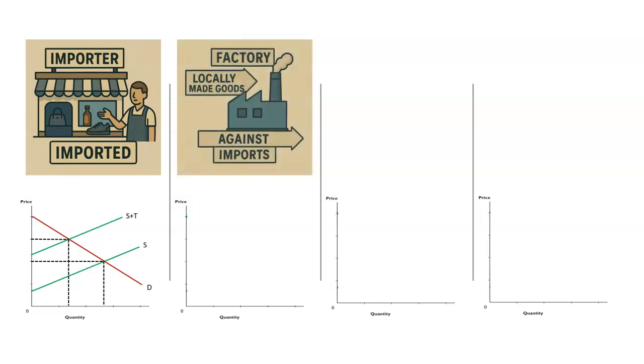If we then think about a local producer who is competing against those imports, so they're producing a very similar product, maybe not identical to the imported products, but sufficiently close to be regarded as a substitute. In that case, we start off with the demand-supply curve, and we would then expect the demand for the locally produced product to rise.